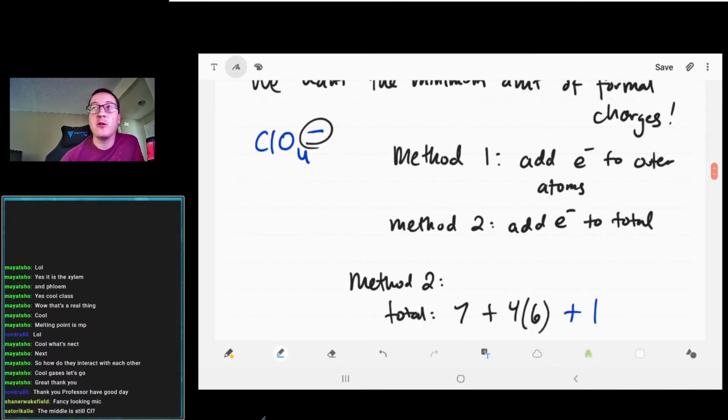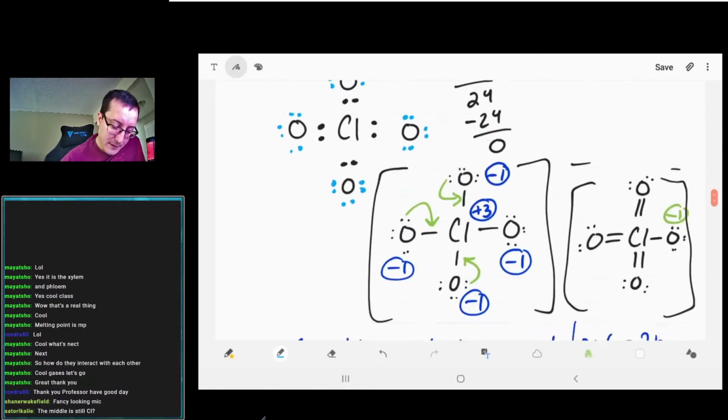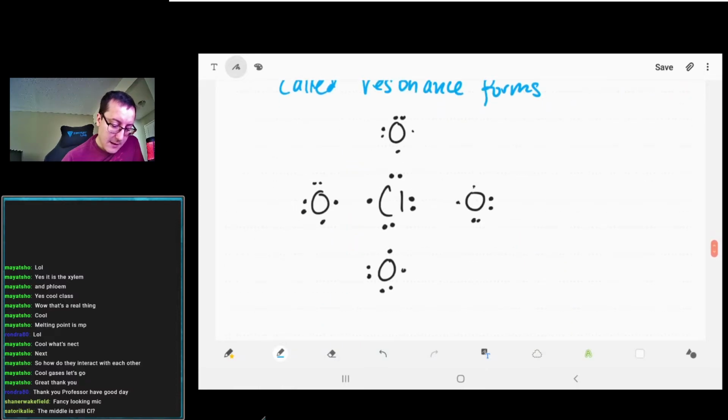It does not matter which outer atom because they're all the same. However, otherwise you would want to put it on the most electronegative one, but they're all oxygens, so it's okay. So, looking at this, let's give one of them an extra electron. I'm going to put that right here. It does not matter which oxygen you give it to, I'm just putting it there.